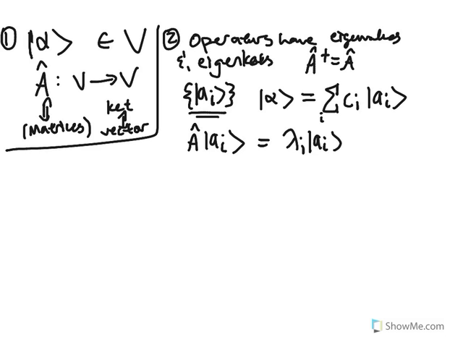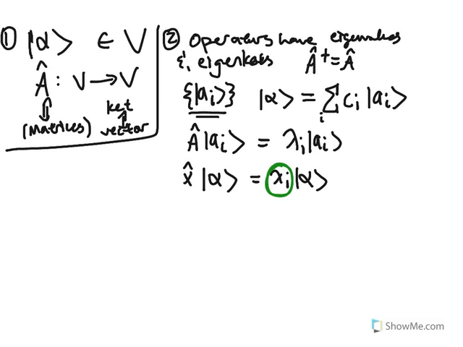So the claim in quantum mechanics is, if, for instance, I was interested in X, and I had a state, alpha, that was an eigenvector of this operator X, then it's going to give me some lambda_i times my original vector, and this lambda_i over here is the thing that you would measure. So let me say that again.